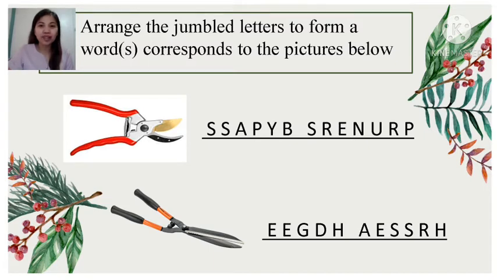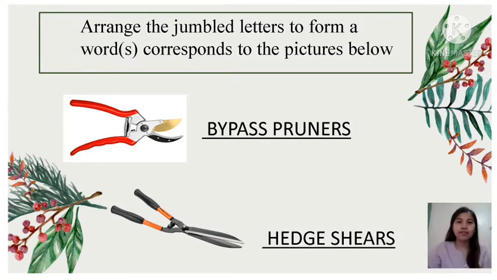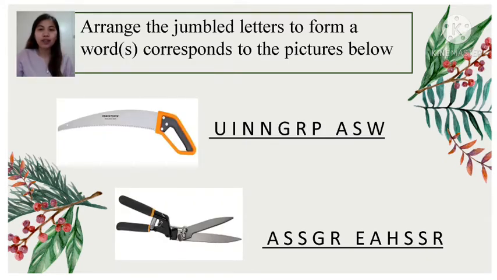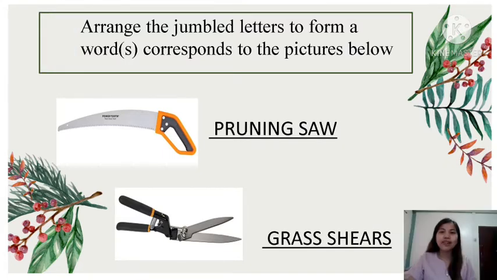Number 1. And for number 2, you are correct. Bypass pruners and hedge shears. How about this next set of jumbled letters? Exactly. Pruning saw and grass shears.